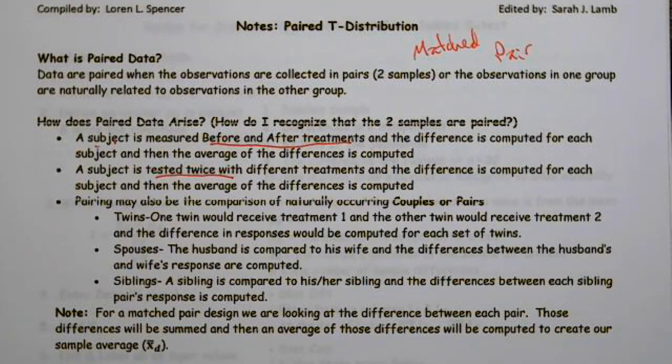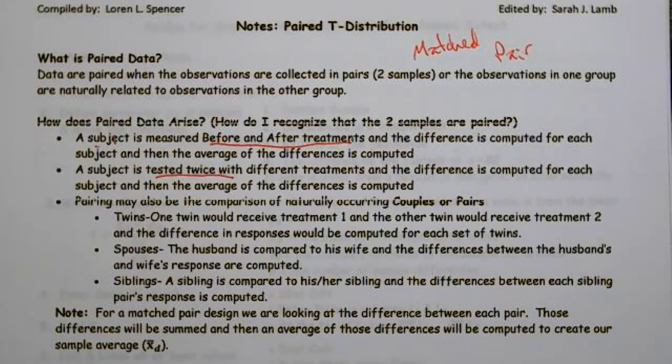Remember, we prefer to run paired experiments when possible because we control for a lot of variation between individuals that we really couldn't design for otherwise.